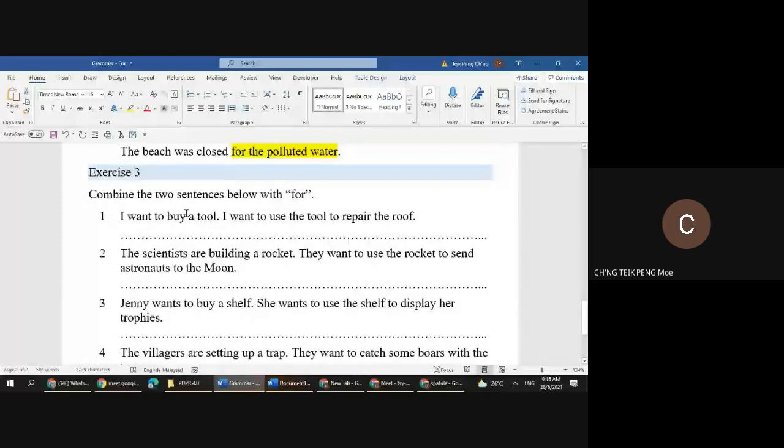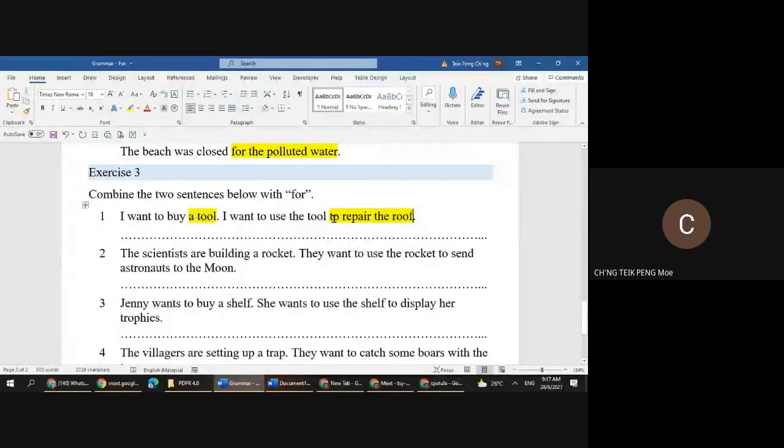I want to use the tool to repair the roof, okay? Repair is like memperbaiki. Roof is like, what do you call it? Bumbung, okay? Bumbung rumah. So now you have to ask yourself, what is the function of the tool? Fungsi tool itu, fungsi tool adalah apa? Okay, the function is to repair the roof, right?